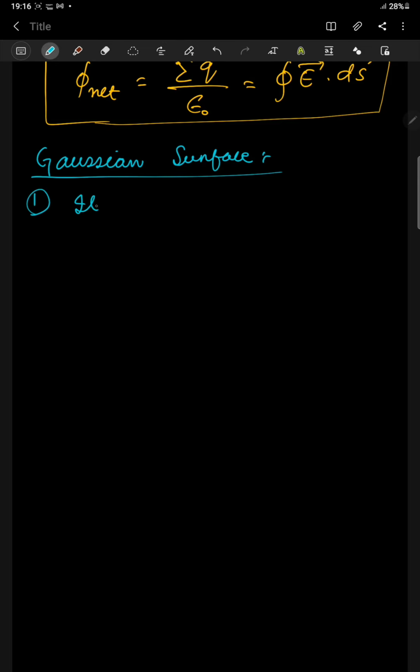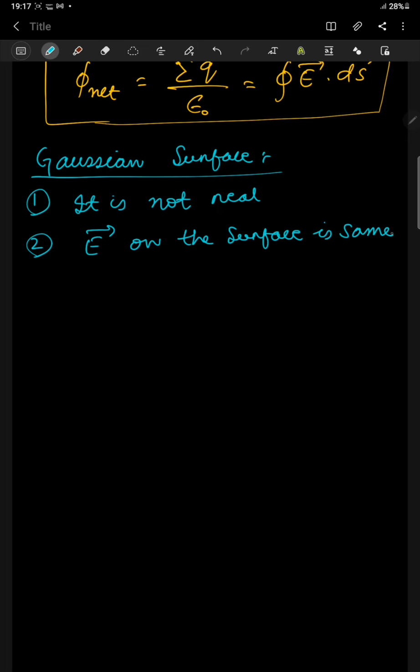No, it is not real. It is an imaginary surface. Acha, what properties does this surface have? The first property is that everywhere on the surface the electric field is the same. On the Gaussian surface the electric field is the same.